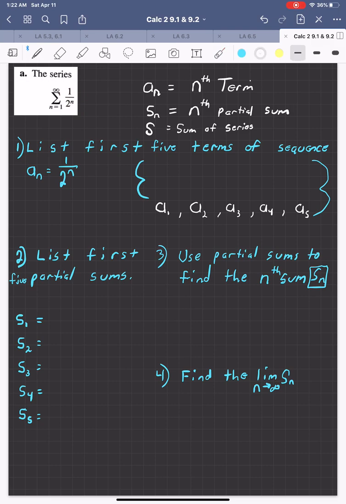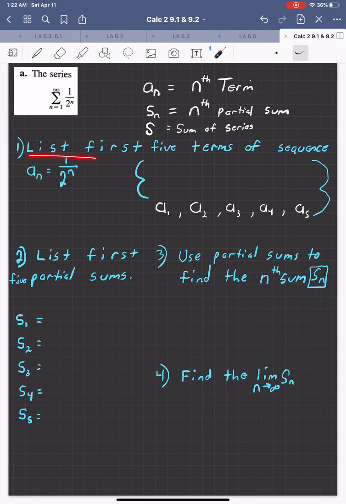Now, for the first few of these, I actually want to go back to sequence, and then start to build up our vocabulary. Okay, so just remember that a sub n is what we call the nth term. All right, so let's start right now.